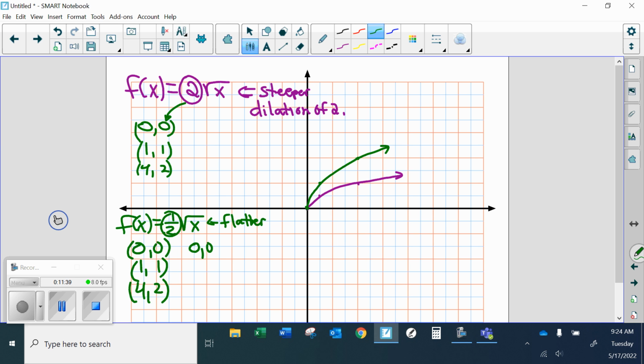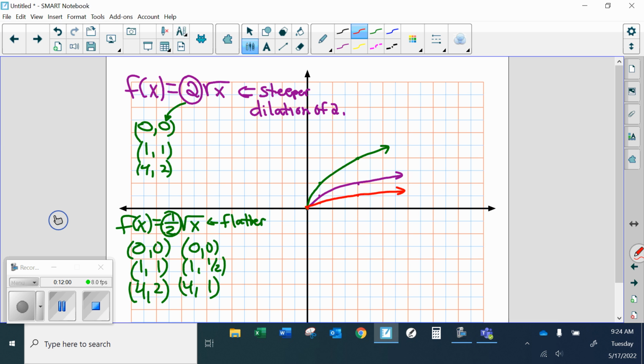So that still stays 0, 0. This is now 1, 1/2, and this is now 4, 1. So 0, 0 stays the same, but 1 becomes 1/2, and at 4, it becomes 1. So notice it got flatter.